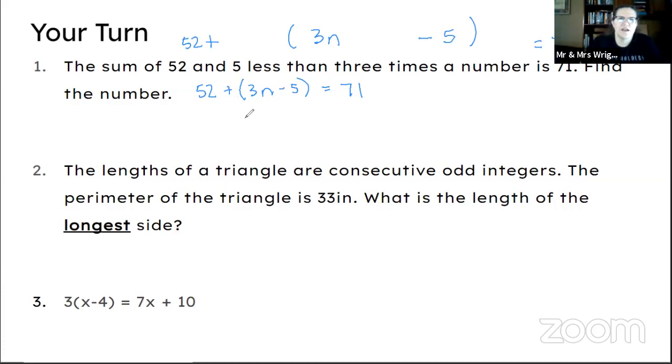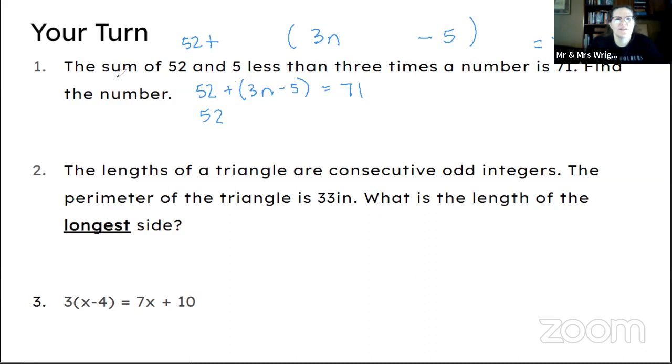All right. Now, does having the parentheses around this change this equation at all? Well, if we distribute the plus sign to everything in here, it's going to stay exactly the same. So there's no need for me to have the parentheses. We can just go ahead and drop that. But it's important when you first write it to write it exactly as it's written and then determine whether or not you still need those parentheses.